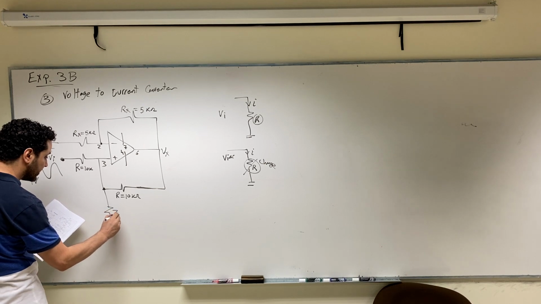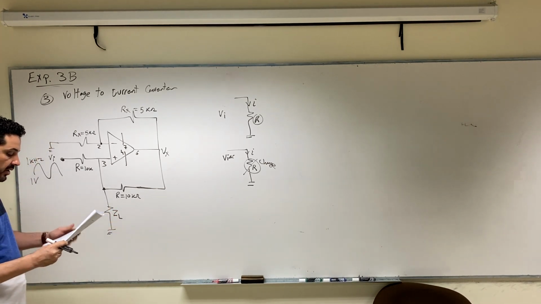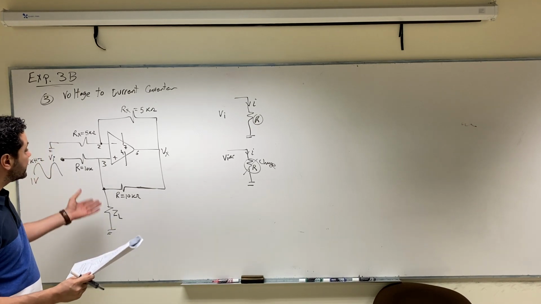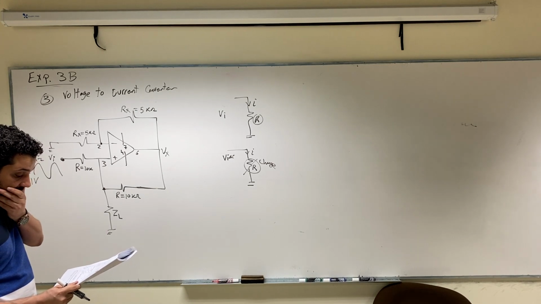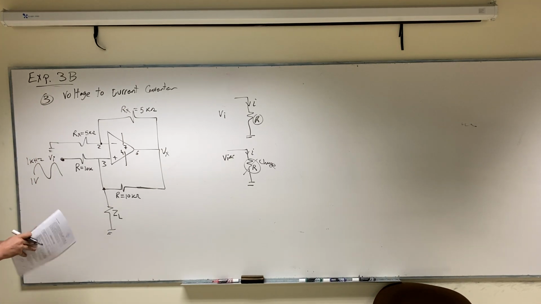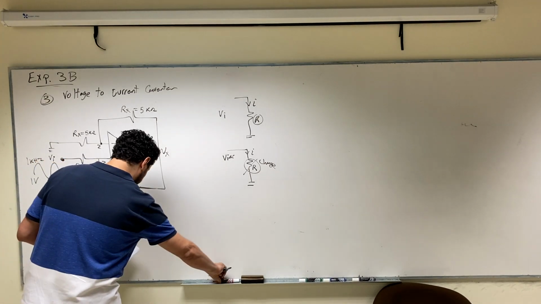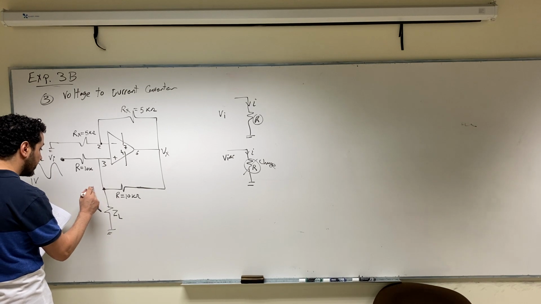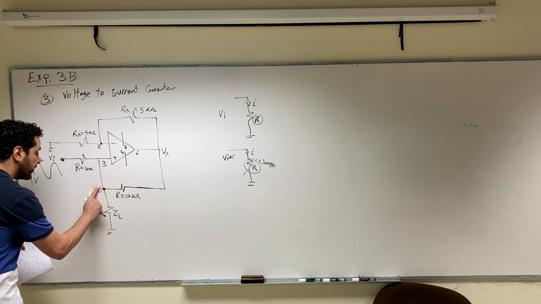We are going to call it ZL, Z load, which will be 1 or 2 kilo ohms. So in order to understand how the circuit works, we need to do a little bit of analysis here. First, let's call this voltage here V output, because this is the voltage that will affect your load. Let's call it VO.